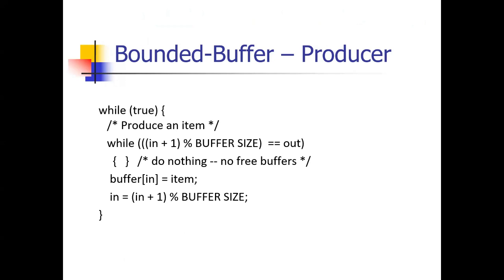So this is the producer. The producer will check the buffer, whether the buffer is full. If the buffer is full, then it won't produce any item, because the buffer is full.